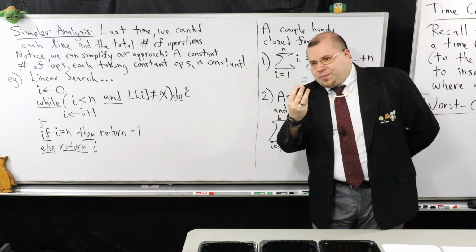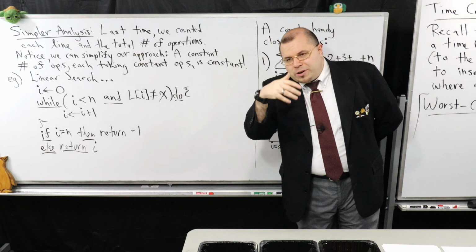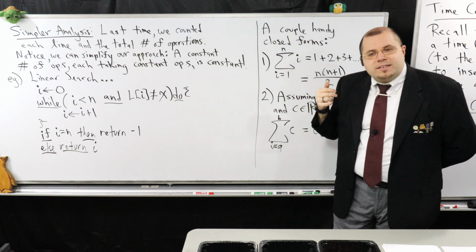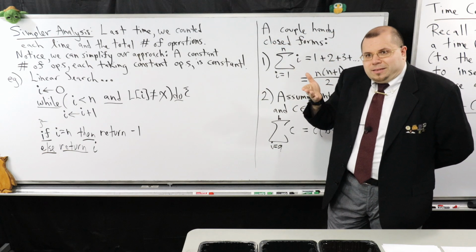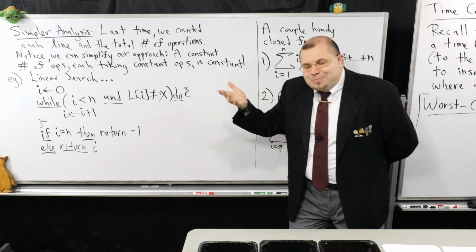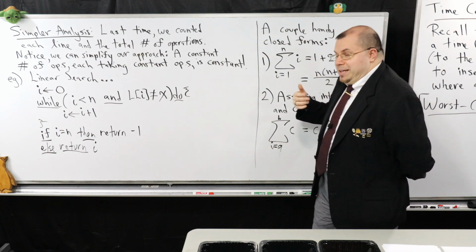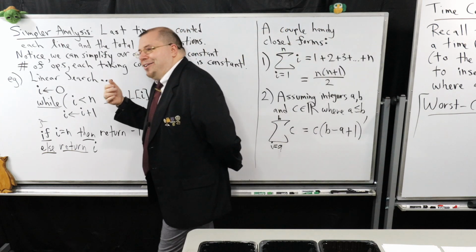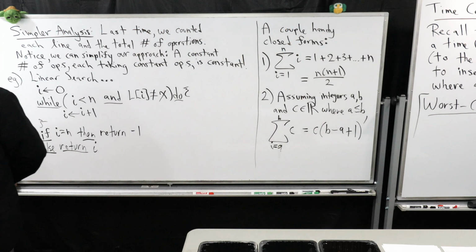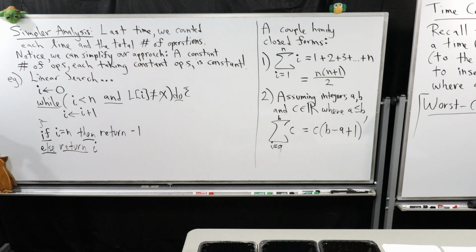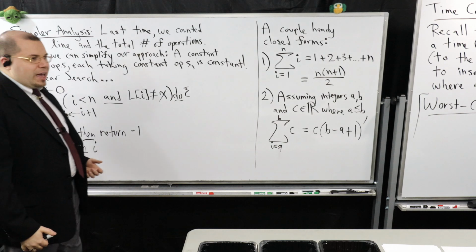So for example, if I have 3 operations or 3 lines that all do a constant number of operations, you would agree with me that they all in total are some constant number of operations, right? It's just that there's 3 sets, a collection of them, but they're all in total a constant number of operations. So what we could do is take advantage of that.